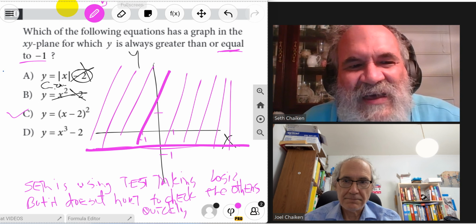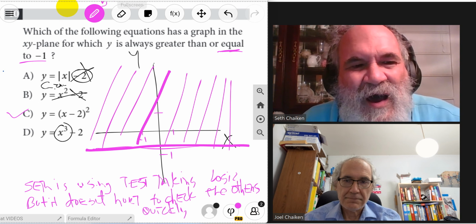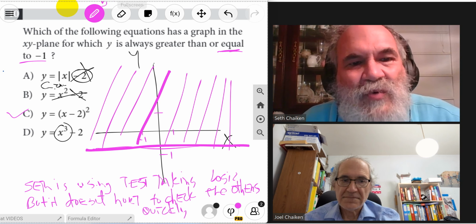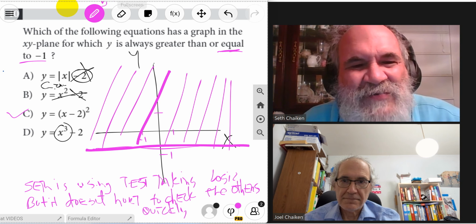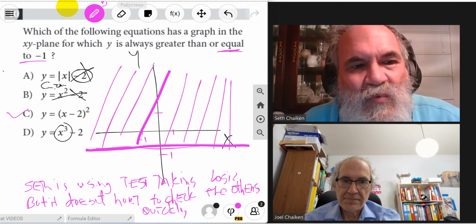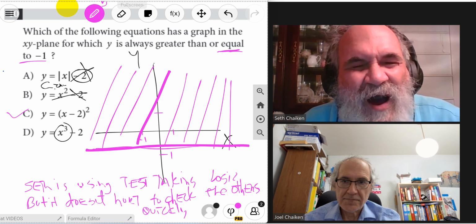Similarly, you see an x cubed. Same logic: if you pick x equals 0, you get negative 2. However, when I first looked at it, I thought that x cubed is an odd function.